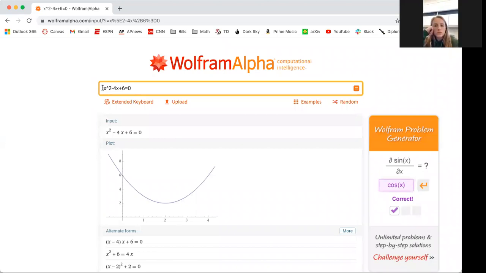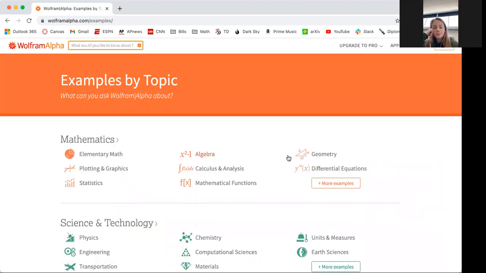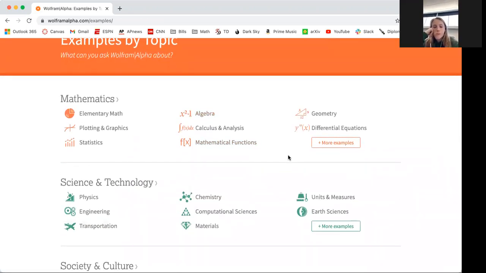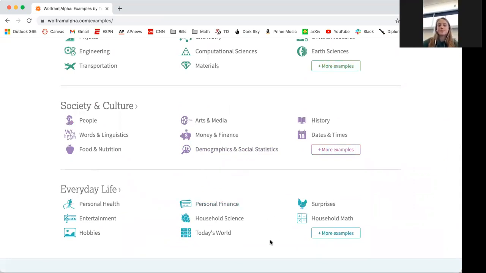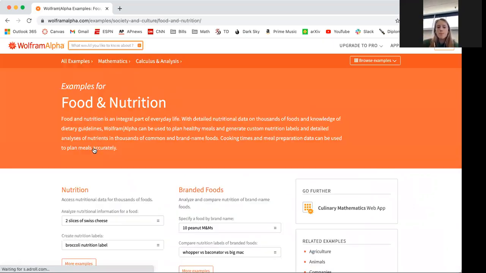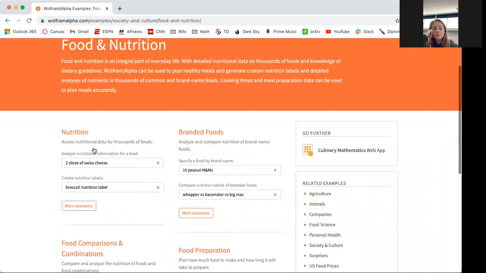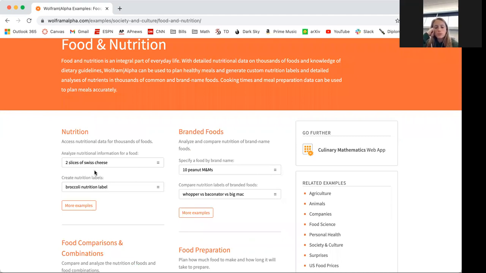And so a big part of this is trying to figure out what it can actually do. And if we go into this examples page here, this has a list of all the different things that are included on this website. Some of it is non-mathematical. I think when I was playing around with this, I looked up food and nutrition, and it can try to give nutritional information for food.